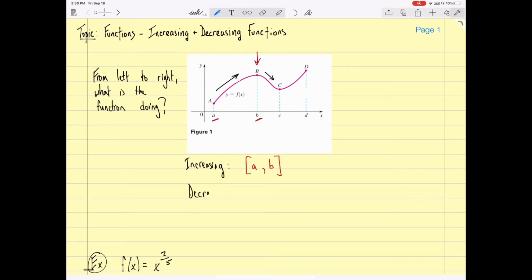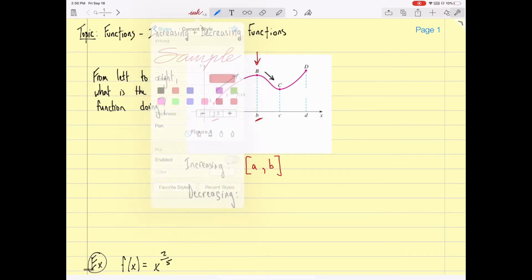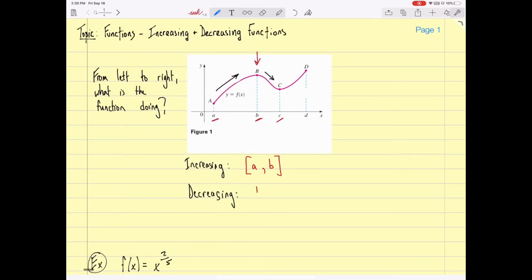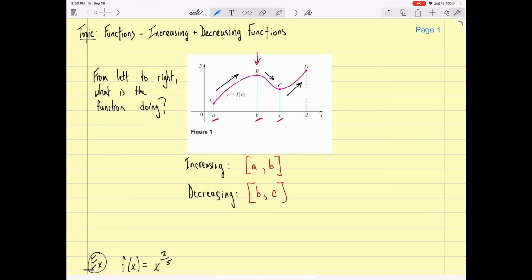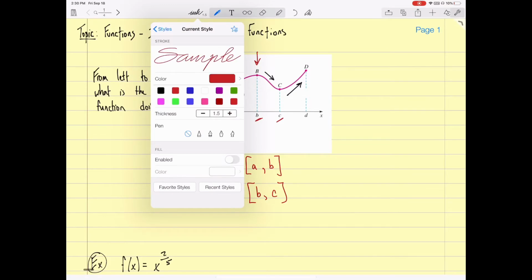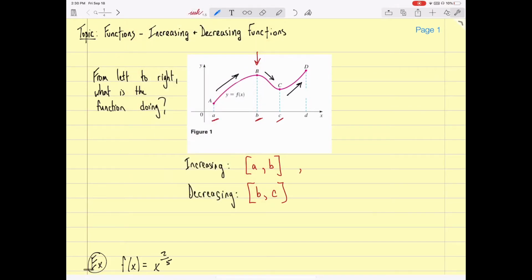So the function is decreasing on the interval from B to C. Okay, and then we look at the last one. From C to D, the function is increasing again, so we would put that up here. So it's also increasing on the interval from C to D.